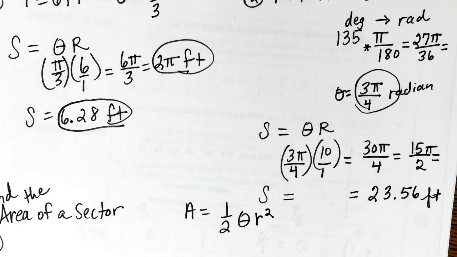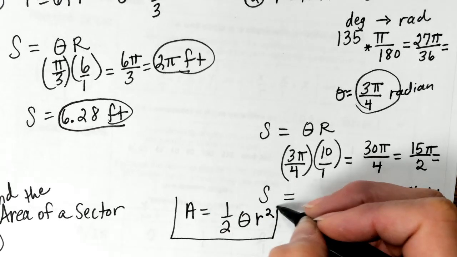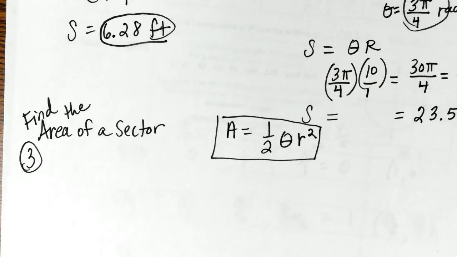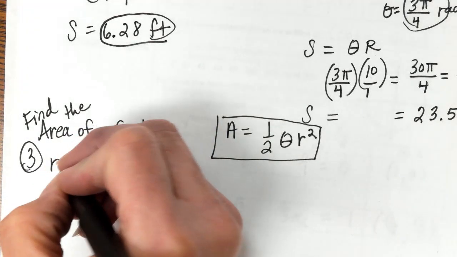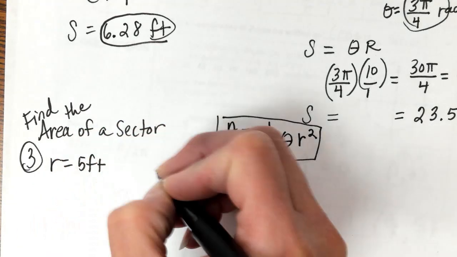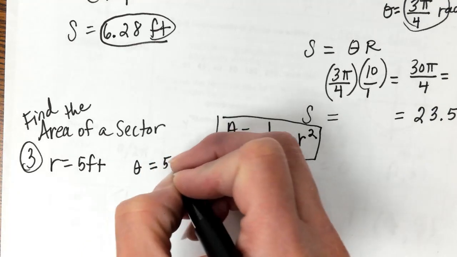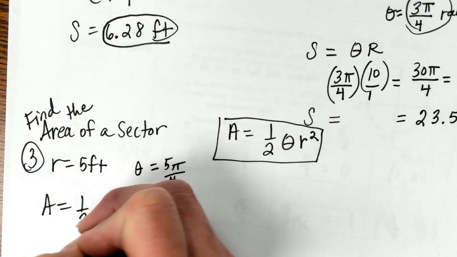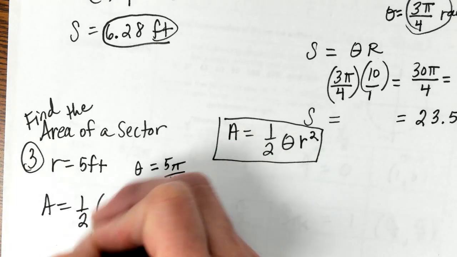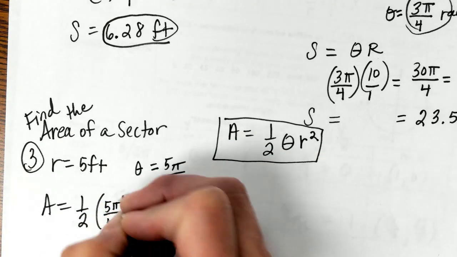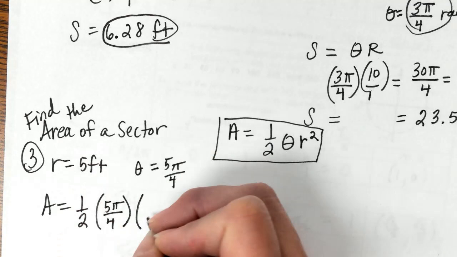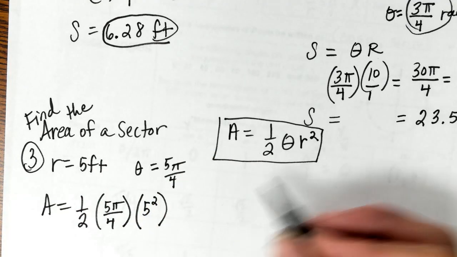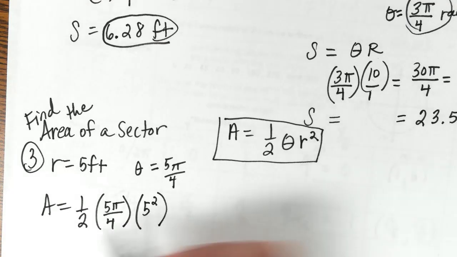Okay, so that is our little formula for the area of a sector. In problem number 3, the radius is 5 feet and the angle is 5 pi over 4. So I'll just plug it in. Theta is 5 pi over 4, and the radius is 5. Don't forget to square the radius, because the formula does have r squared.